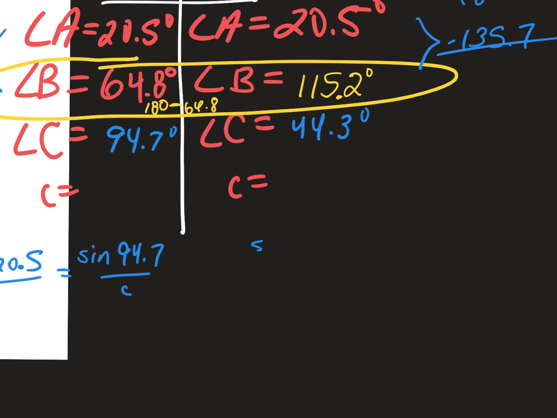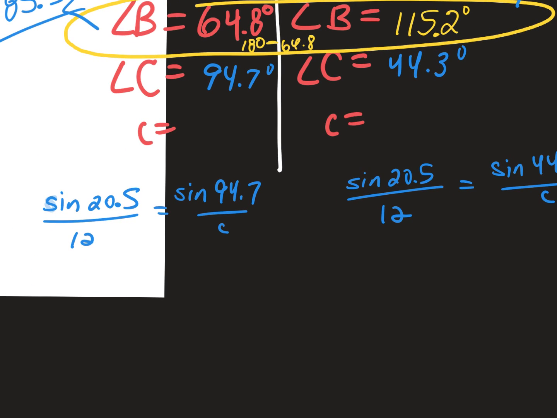In the second triangle, use the exact same proportion because angle A and side A are in both triangles. And in this case, I'd say sine of 44.3 over little c. And then we just cross multiply. So 12 times the sine of 94.7 equals c times sine 20.5. Divide by sine 20.5.